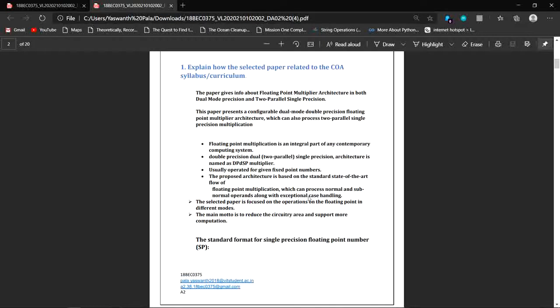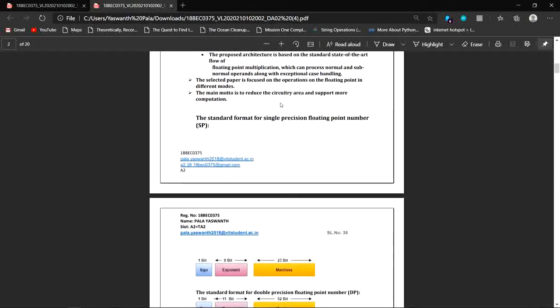So I thought this paper is closely related to the COA syllabus we are covering now. This paper presents a configurable dual mode precision floating point multiplier architecture which can also process two parallel single precision multiplications. That's why I selected this topic.